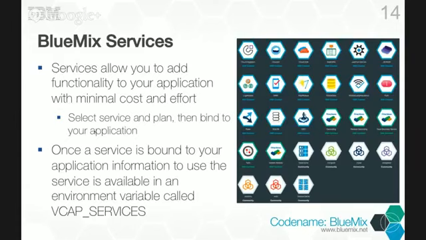So you saw when we did the Twilio service during the demo that we entered the credentials, our account ID and auth token, but some services will automatically create the credentials for you. So for example, if you wanted to use the Elephant SQL service to provide a Postgres database, Elephant SQL would just generate a user ID and password and a URL to the service to go ahead and use. You don't have to enter anything.